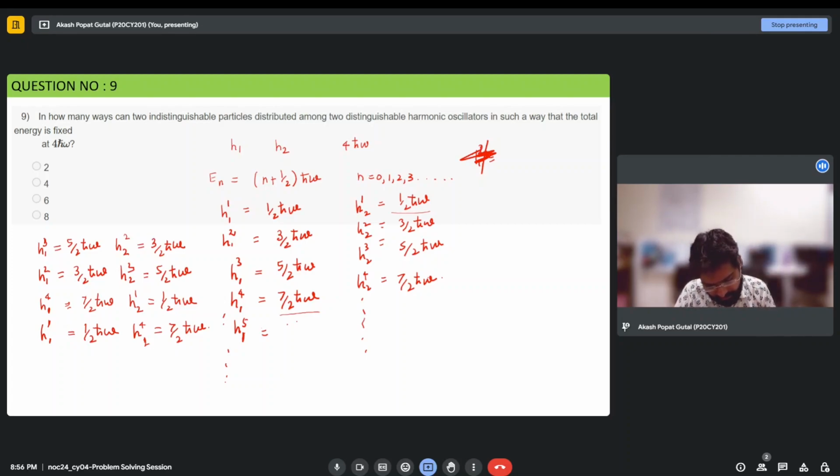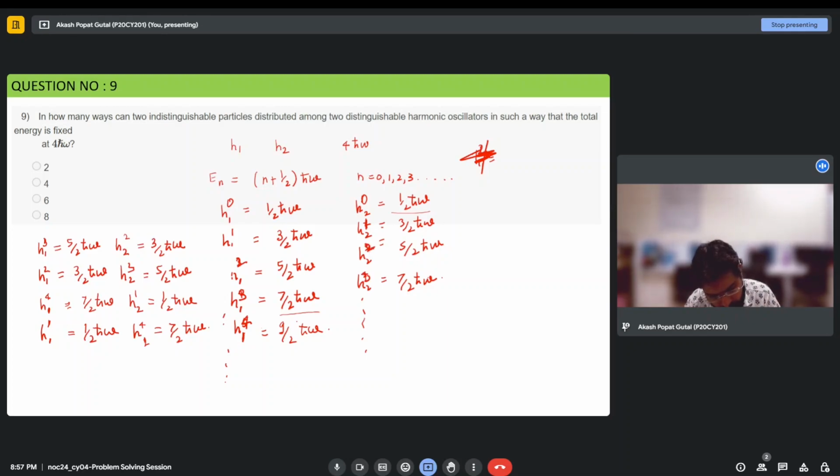The next state will be 9/2 ħω, and it's not possible to have that, because the energy for only one particle exceeds 4ħω. Sorry, the quantum number should be 0, 1, 2, 3, and up to quantum number 3 are possible.